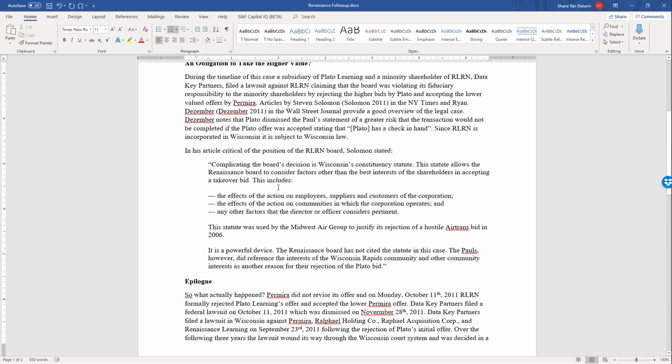This statute allows the Renaissance Board to consider factors other than the best interest of the shareholders in accepting a takeover bid. This includes the effects of the actions on employees, suppliers, and customers of the corporation, the effects of the action on communities in which the corporation operates, and any other factors that the director or officer considers pertinent.